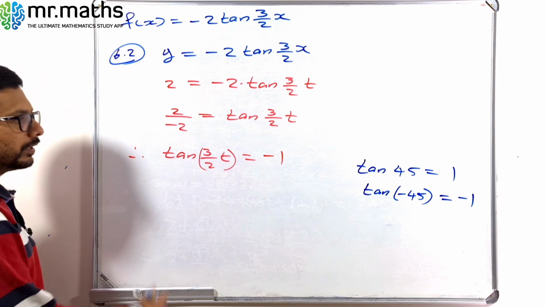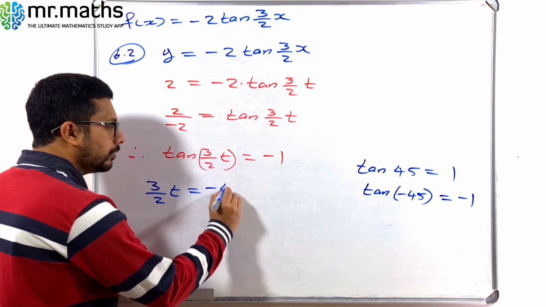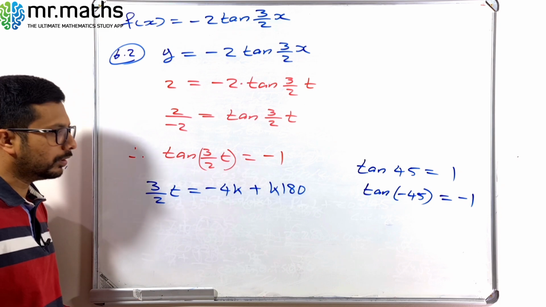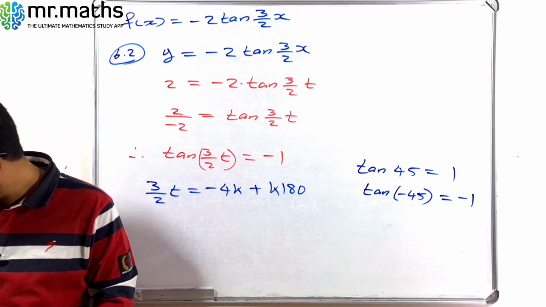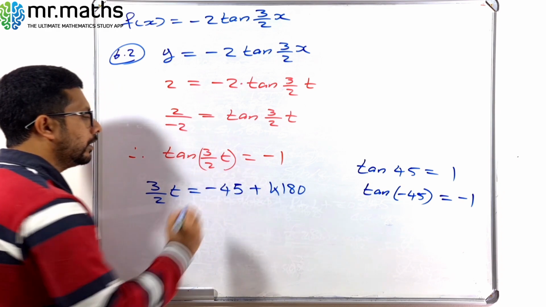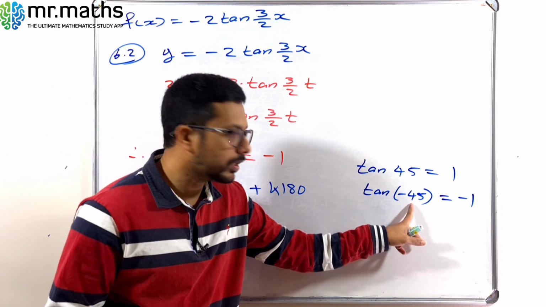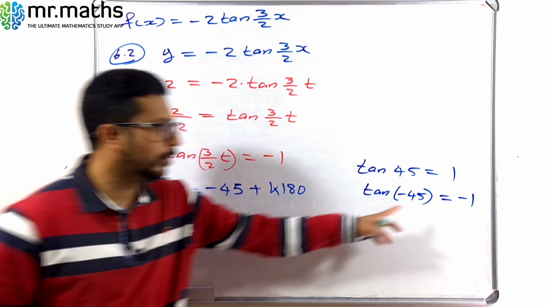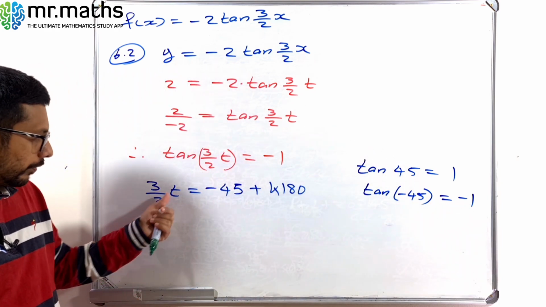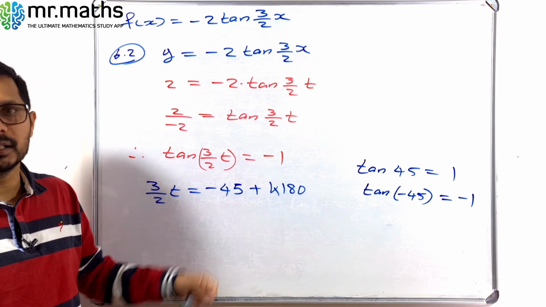Okay, so I can write that 3 over 2 t is equal to negative 45 plus k 180. That means here that angle is 3 over 2 t, so 3 over 2 t is equal to minus 45. We know that when it is minus 45, the tan is minus 1.